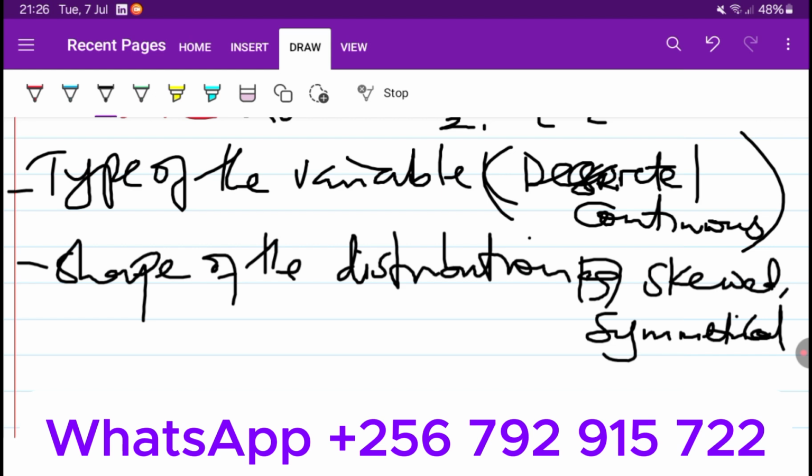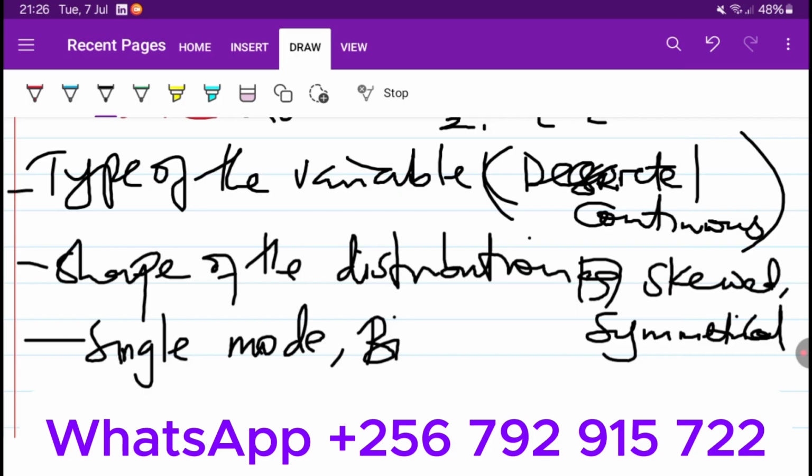Then you look at whether you have a single mode, or you have two modes, which is a bimode, or what you call the multi-mode, because you could have more than two modes.